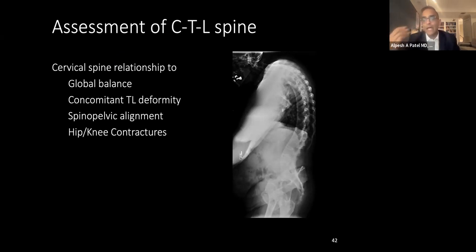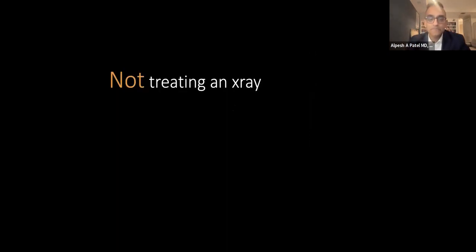So while we like to, and we need to, present these conversations as though, well, here's cervical deformity and here's thoracolumbar deformity, and they're two separate issues, they're really not, right? It's a continuum of concepts, a continuum of disease pathologies. And so keep in mind, just because they're coming to you for a neck issue, that you need to assess their overall global spine. Joe, this goes to your point about how do we make a decision on when to operate?